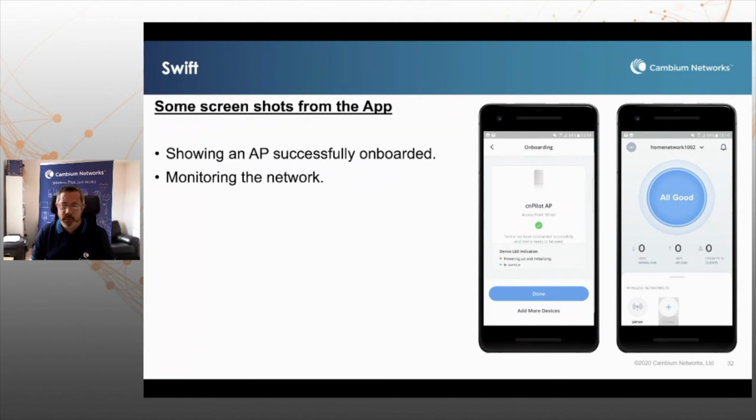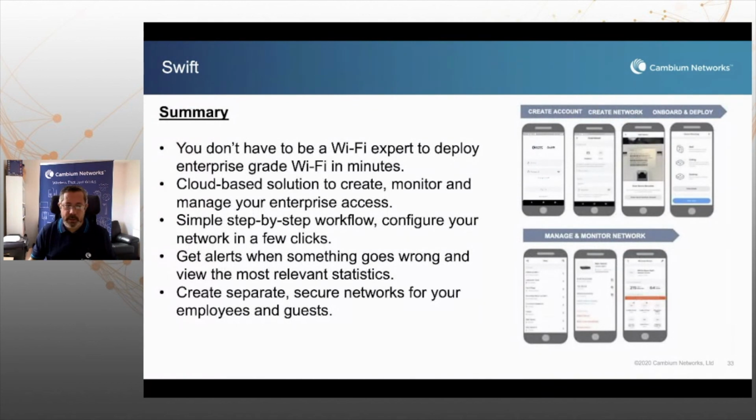You can also monitor the network to see throughput, availability, connections from devices. And in summary, it creates the ability to make a very simple, easy, and I would say a non-skilled way of onboarding enterprise networking onto a cloud management system.